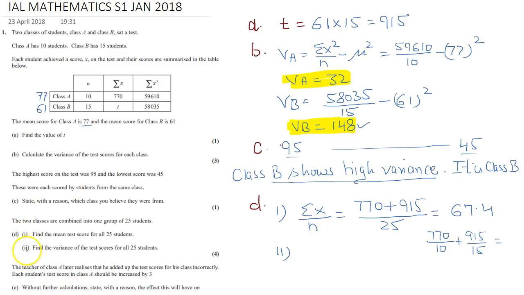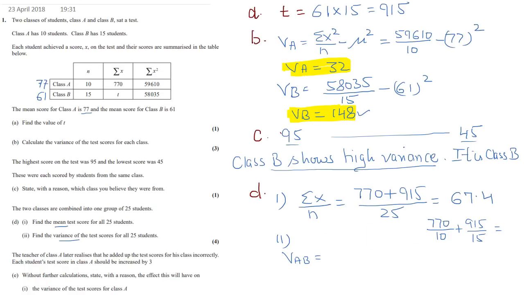Now the second part is to find the variance of the test score for all. So this is the mean, and now we have to find the variance of both classes together, the variance of AB. What is the formula?